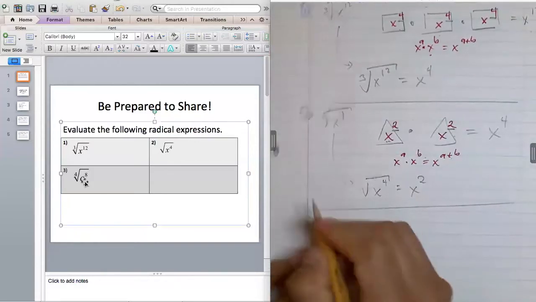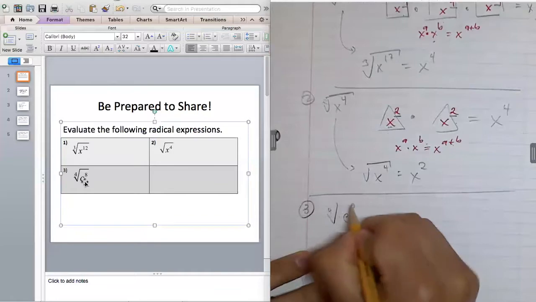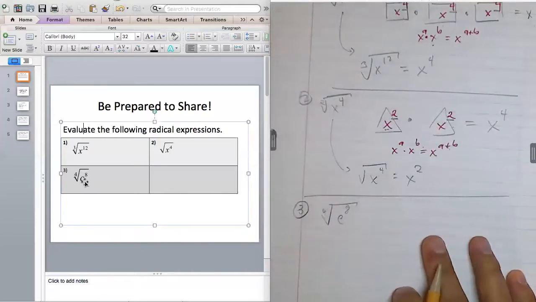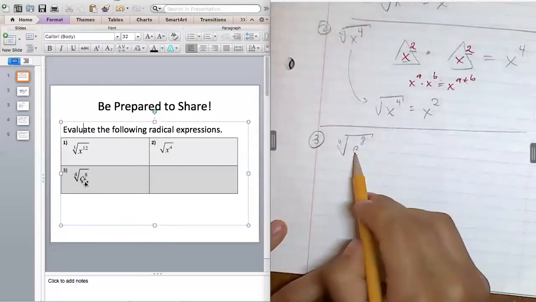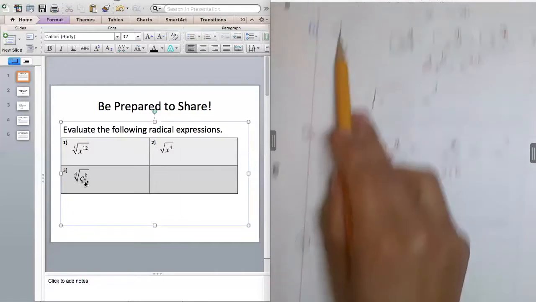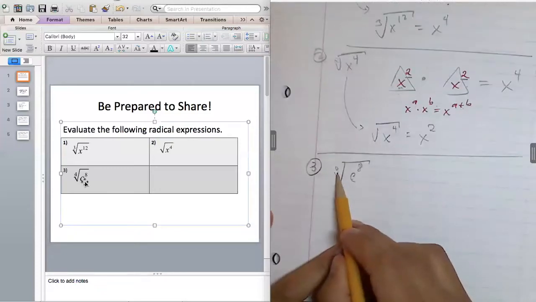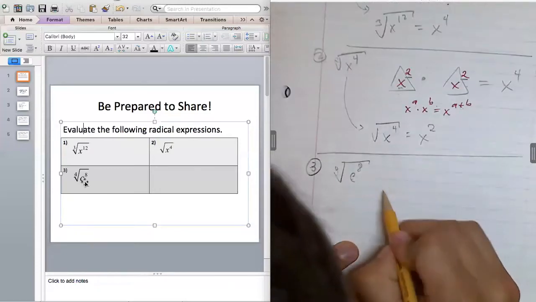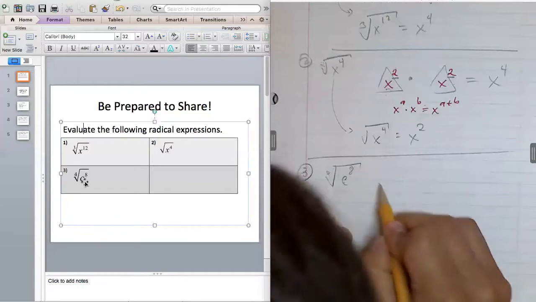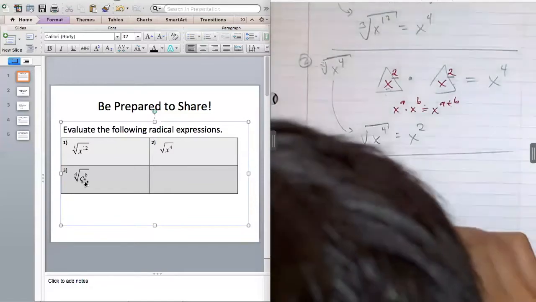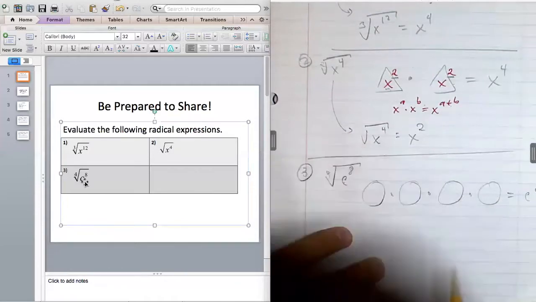Third problem. The fourth root of c to the 8. We're just using a different letter. So here, instead of 3 like terms or 2 like terms, we're asking for 4 like terms. So we use squares, we use triangles, let's use a circle. What times what times what times what gives you c to the 8?